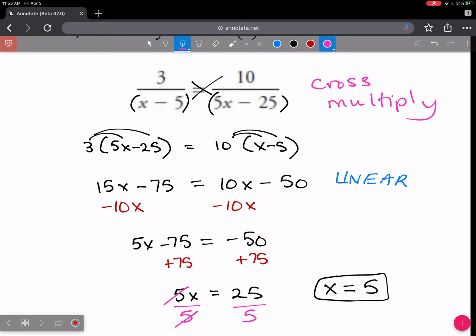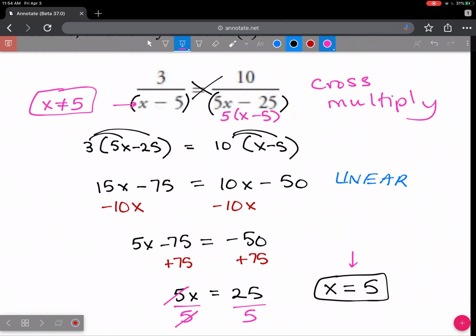Now you can see here that the non-permissible value is x cannot be 5, and if I was to factor out a 5 here, I would get the same non-permissible value, so that one doesn't add any non-permissibles. So this is our non-permissible. But right here we're saying that it's supposed to be equal to that. So this is a contradiction. You can't have both.